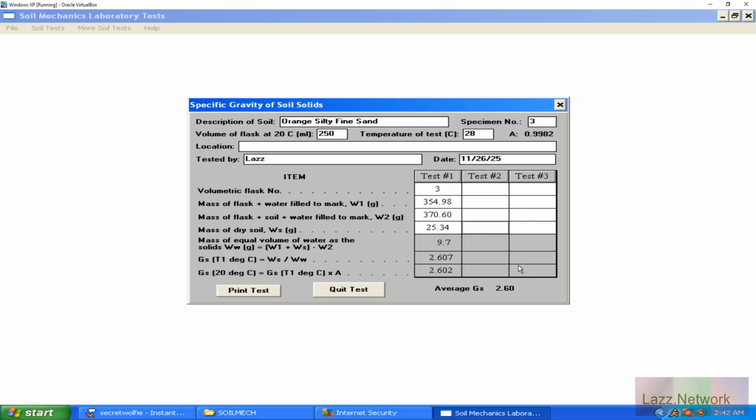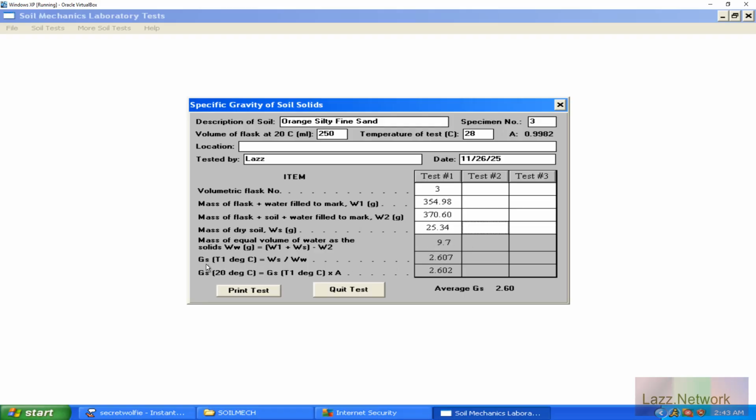Now, let's see here. So it calculated a mass of equal volume of water as the solids, which is your W1 plus your WS. So your W1 is here plus your WS, which is your soil, which is pretty much the same as this, but then you're going to subtract it from W2, which here we got 9.7.